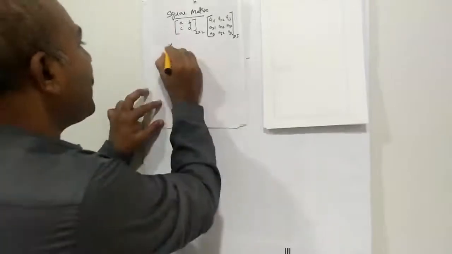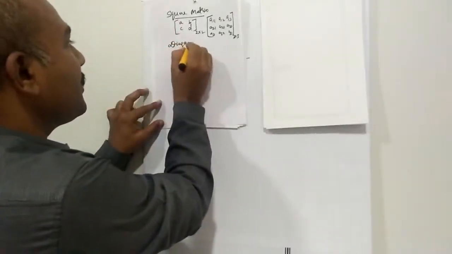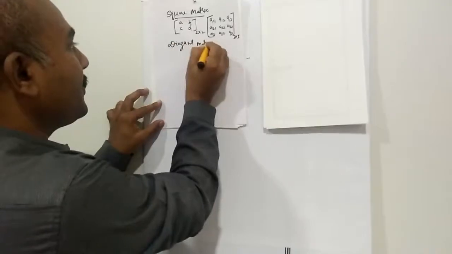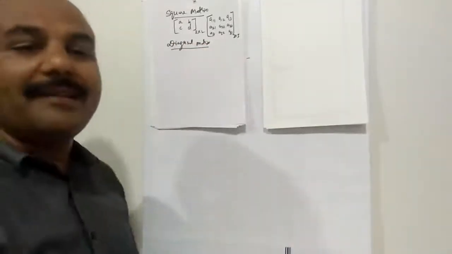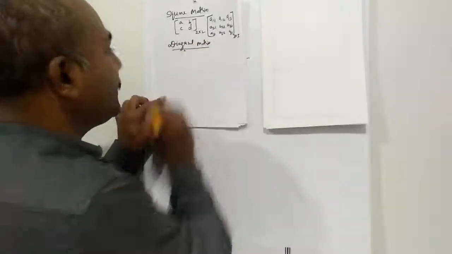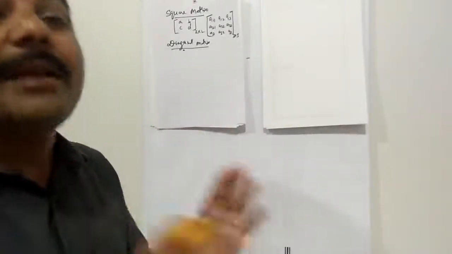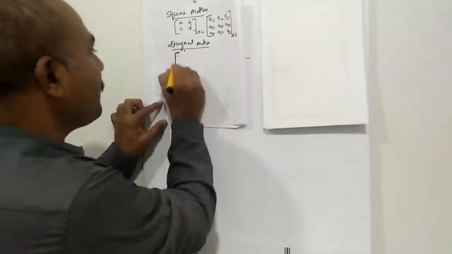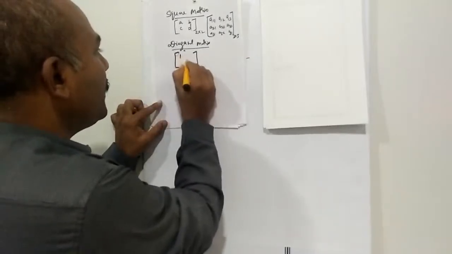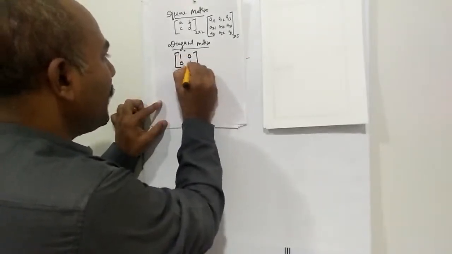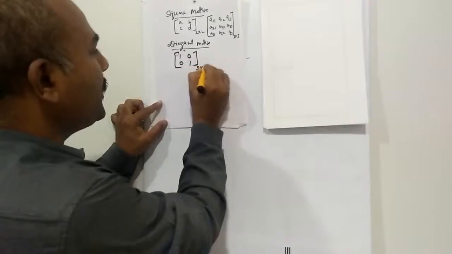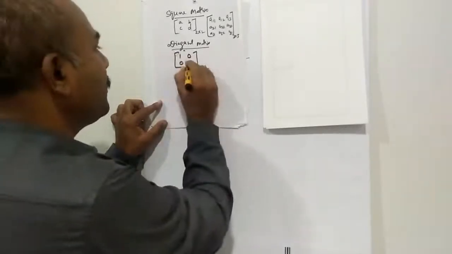So next, diagonal matrix. A diagonal matrix is one in which all the elements of the matrix are 0 except the diagonal elements. For example, of the order 2 into 2: 1, 0, 0, 1.